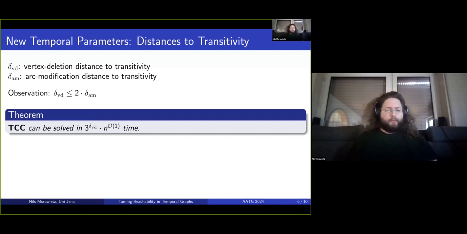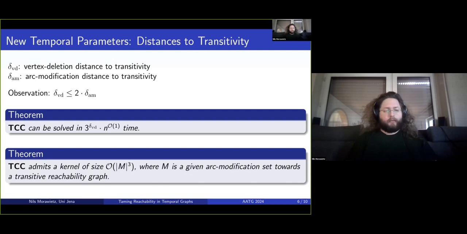And in contrast, or additionally, we showed that for the arc modification distance, we can have a polynomial kernel, a cubic sized kernel, if one would give us an arc modification set. It is not completely clear how to get this set, so it is not a direct polynomial kernel, but if one would give us a set, we could compute a kernel.